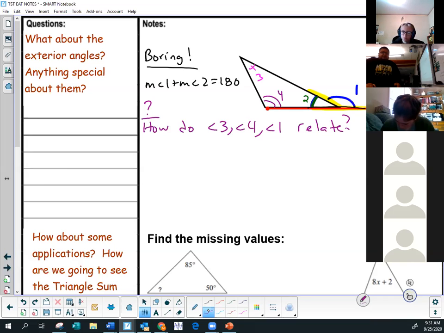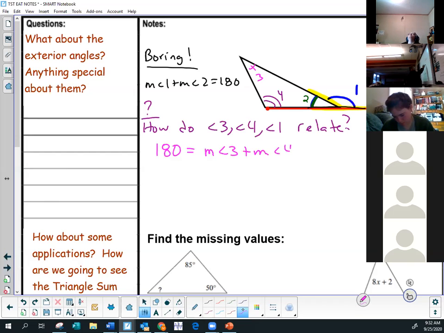Is there a relationship between angle 2 and 3 and 4? Yeah. What is it? They're all supplementary. Okay. So is it true that 180 degrees is the same thing as the measurement of angle 3 plus angle 4 plus angle 2?